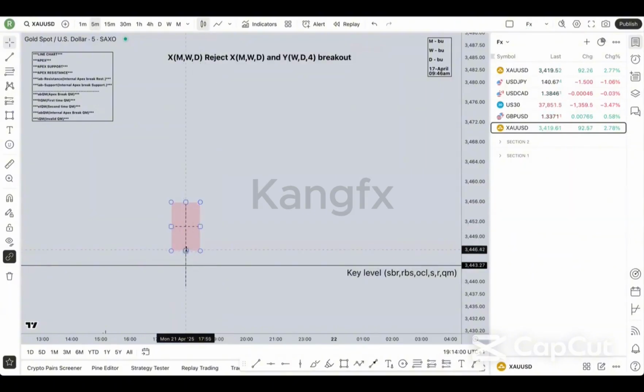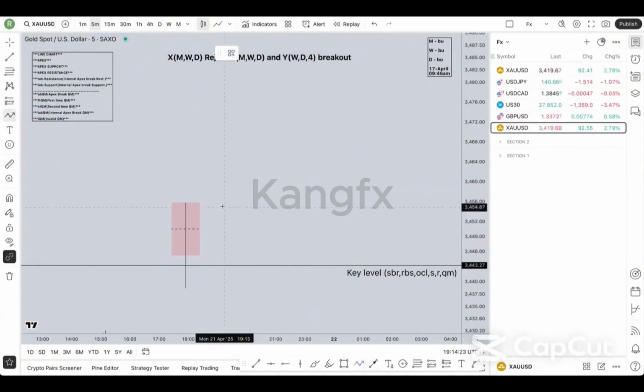So this is a rejection here. The body did not close below this key level. Rather, the wick or the shadow was the one that wicked through it. Now we have this rejection on a daily time frame. After this, what do we expect on 4 hour, which is a lower time frame? We expect a breakout.